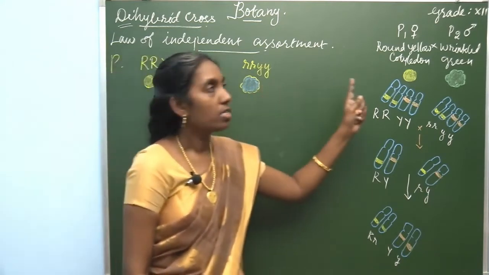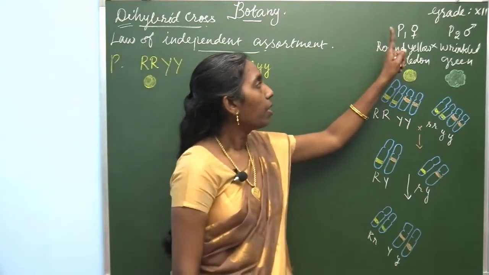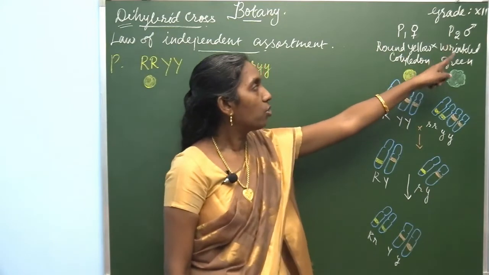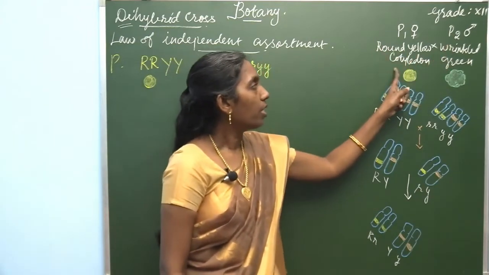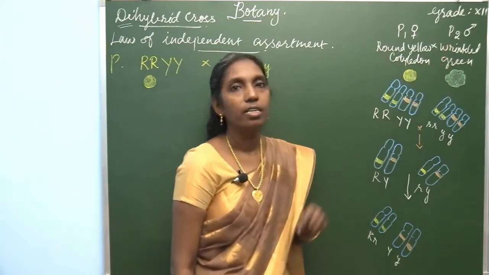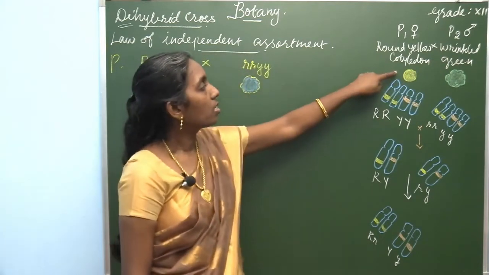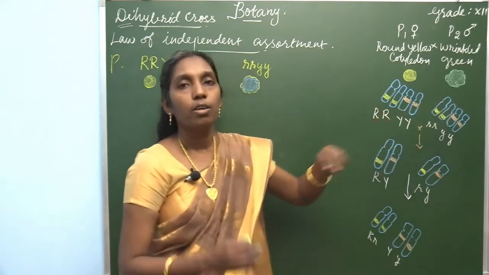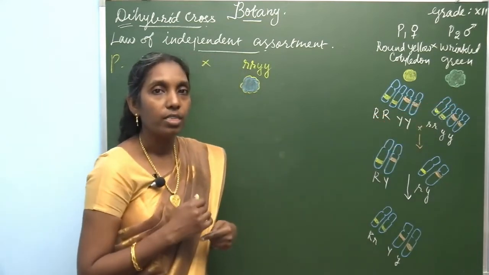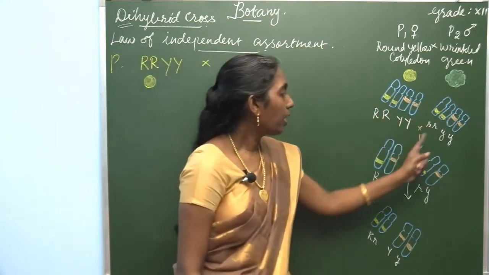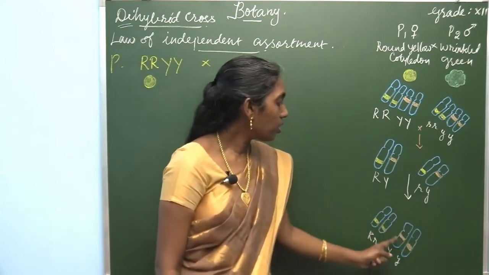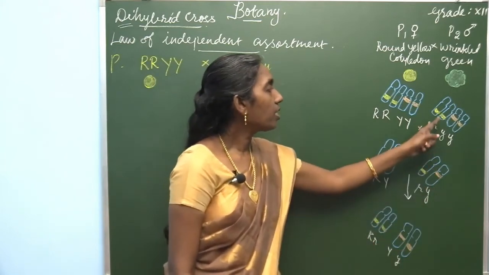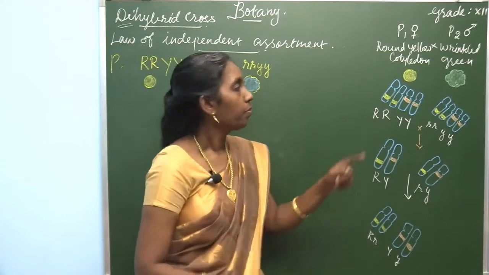Let us look at this diagram. Parent 1 and parent 2: round yellow cotyledon and wrinkled green cotyledon. This is round yellow, this is wrinkled green. And you know the genes are located within the chromosomes. Here these are the diagrams which show that the genes are located inside the chromosome.